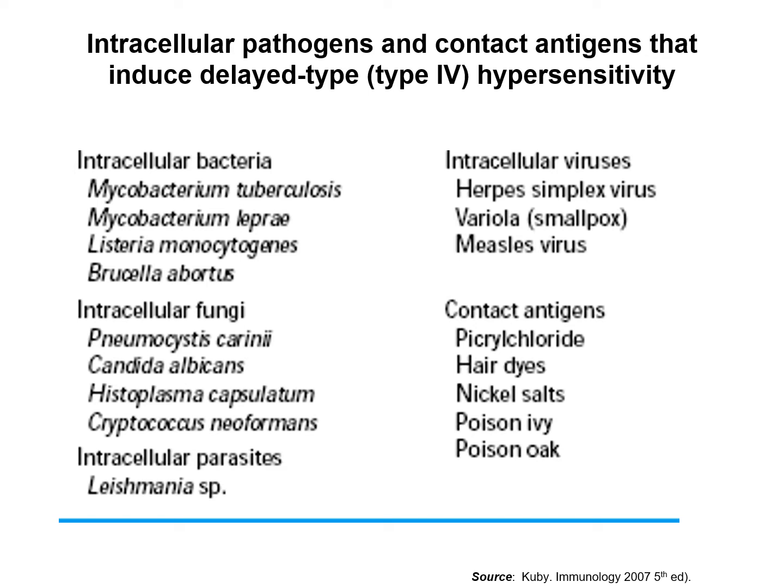Right, so some substances like perchloride chloride, so maybe you may have encountered this in the laboratory, hair dyes, nickel salts, poison ivy, so these are plants, and poison oak. So if you come into contact with these substances, there may be delayed type of hypersensitivity.